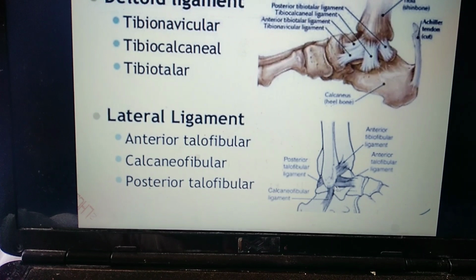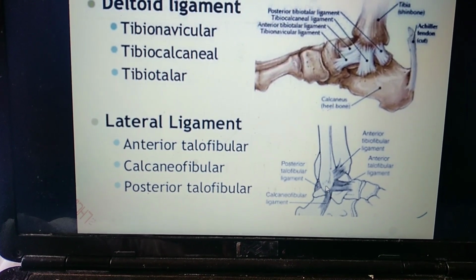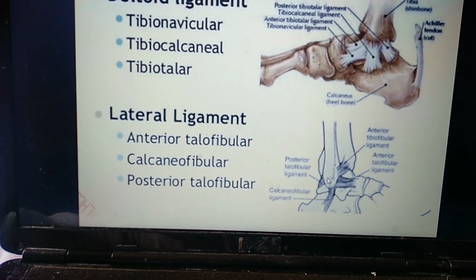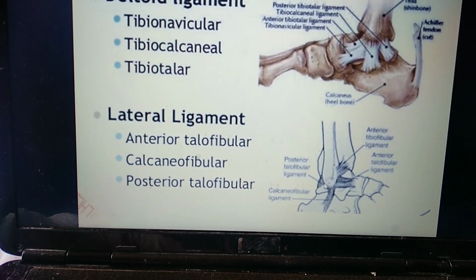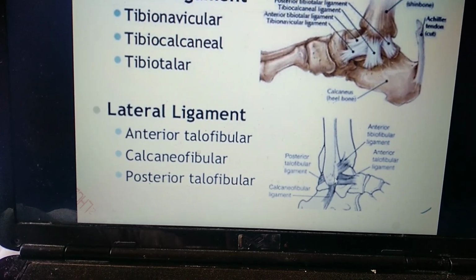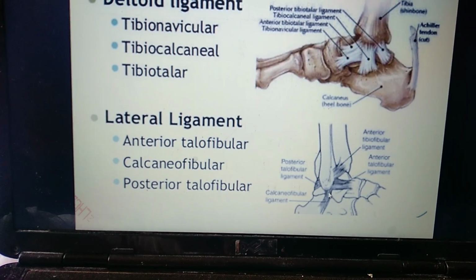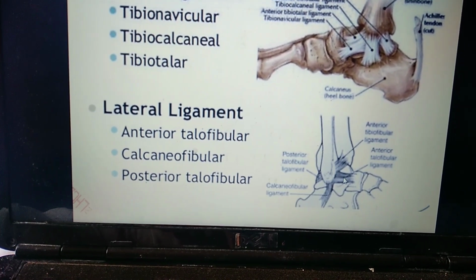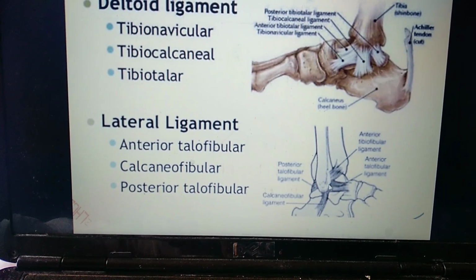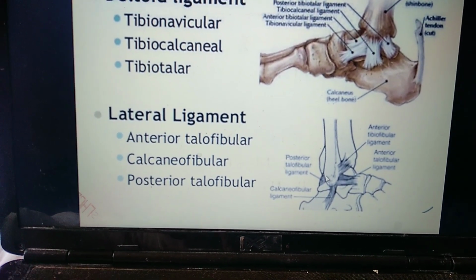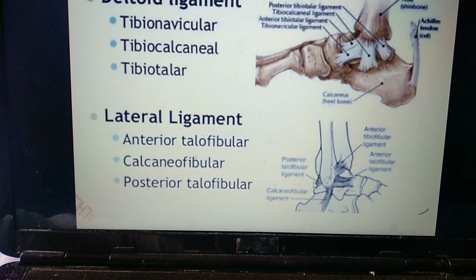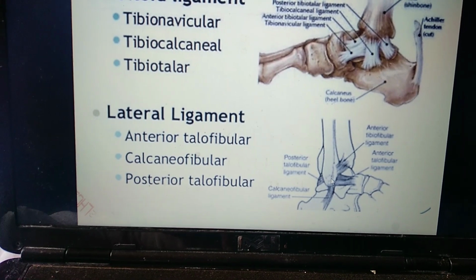So we have an anterior talofibular ligament, then a posterior talofibular ligament, and then a calcaneofibular ligament. Anteriorly, going from talus to fibula is the anterior talofibular; from the posterior part of the fibula to the talus is the posterior talofibular; and from the lower end of the fibula going straight downwards is the calcaneofibular.